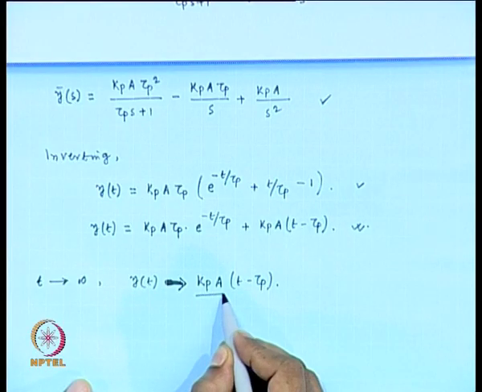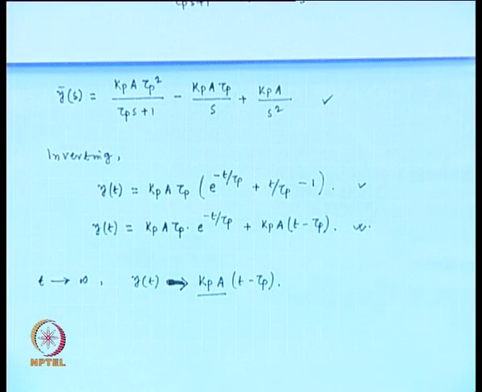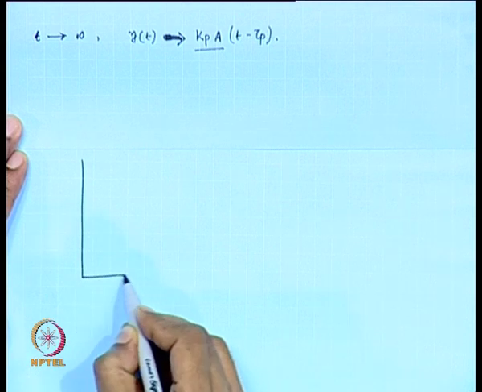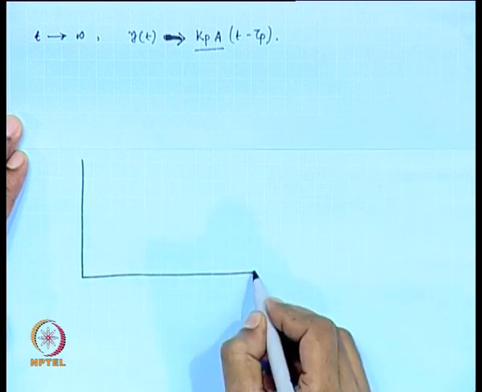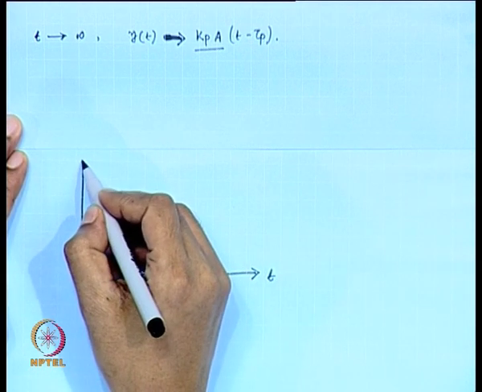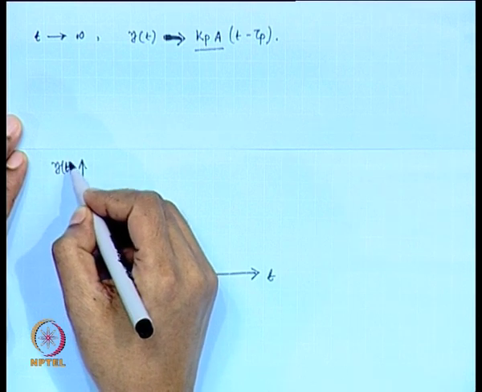This is the slope. If we represent this graphically, then we get this plot. This is time t, this is y of t.